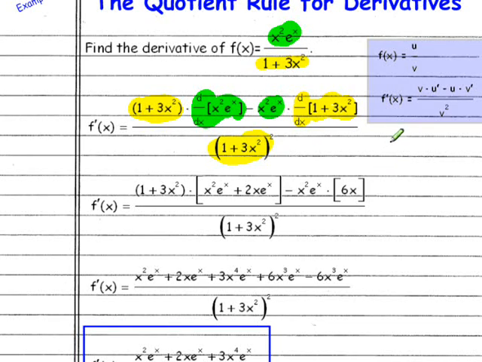Then in our support work, we would do that work over here on the side that would allow us to make this calculation, which we have here. And then, of course, we need to remember minus numerator times derivative of denominator divided by denominator squared. That's really the point of this problem: being able to remember the formula using numerator and denominator ideas, and also being able to write each of these expressions, derivative of.